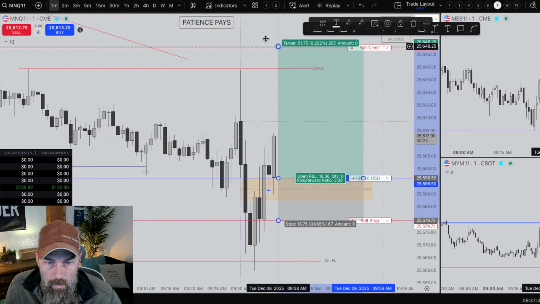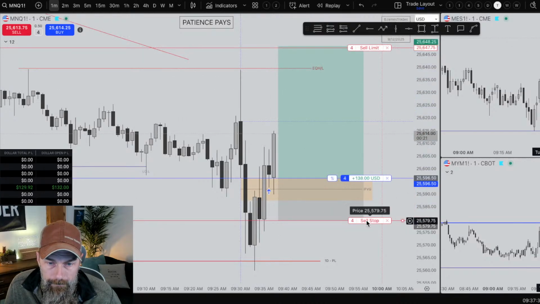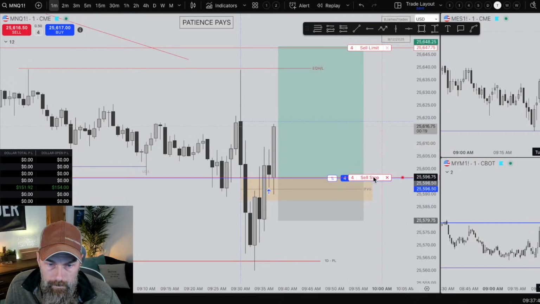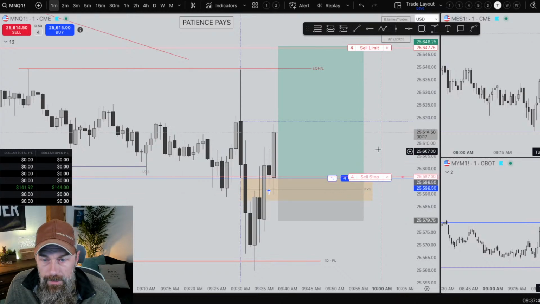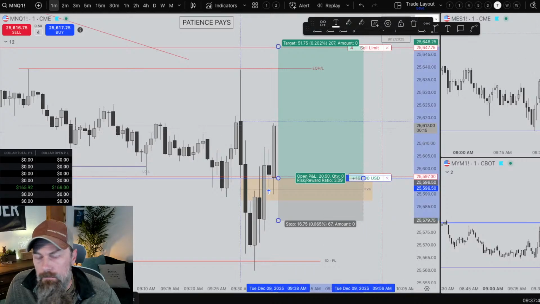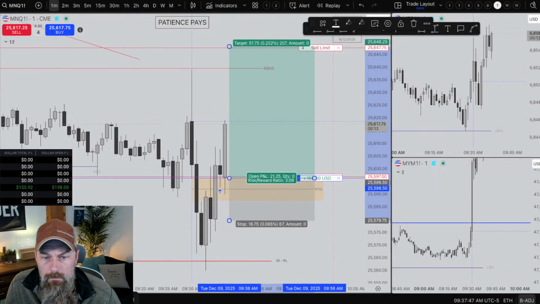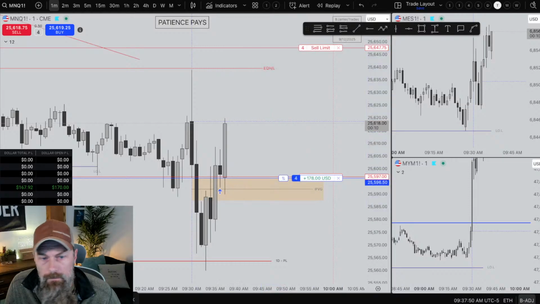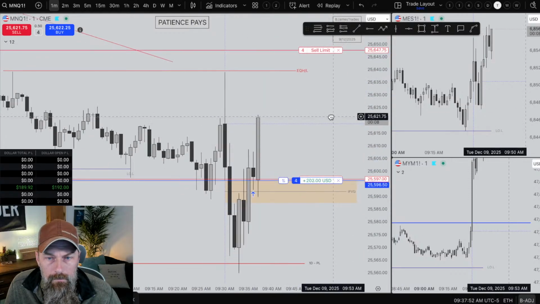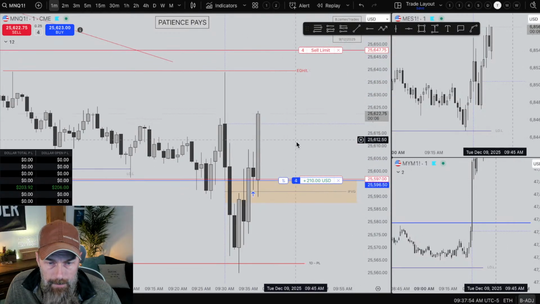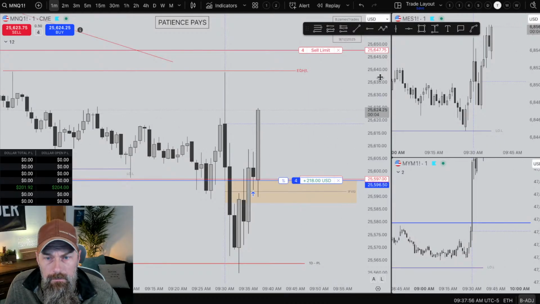So my rule is at 1R, I go break even. So now I'm risk-free in the trade. At 2R, I can tuck my stop up if I got some place to put it.